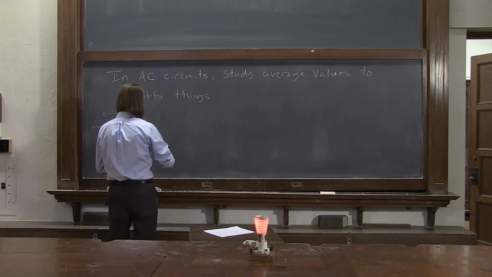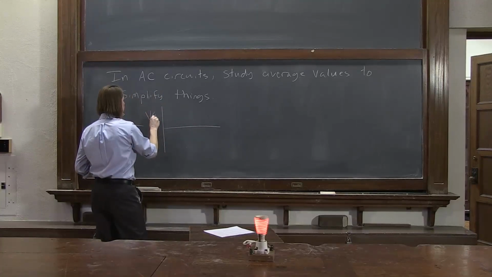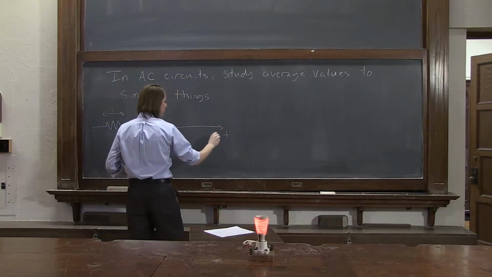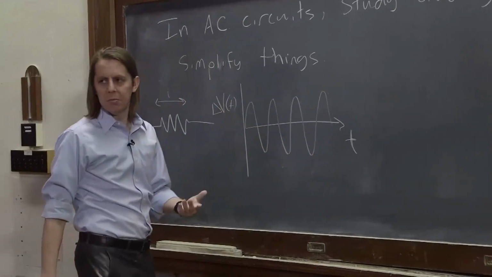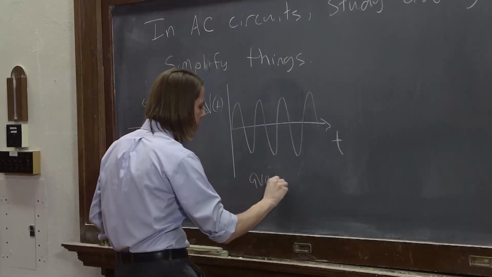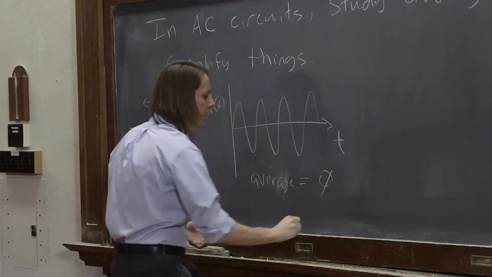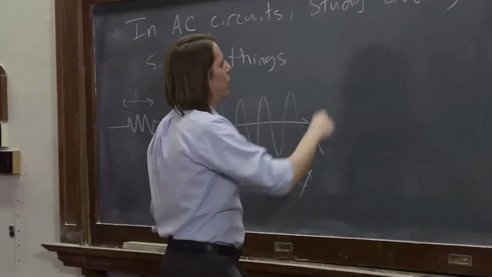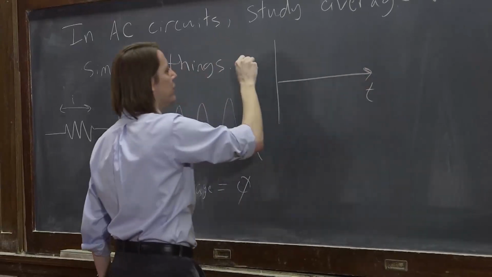Well, we could start looking at the different possibilities. Here is the volts, the delta V as a function of time. If we plot it, it's just going to be some sinusoidal oscillation, and therefore the average is 0. So that doesn't seem like a very good choice. We could plot the current versus time.